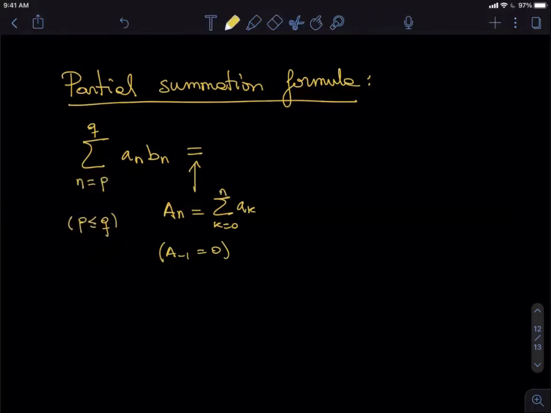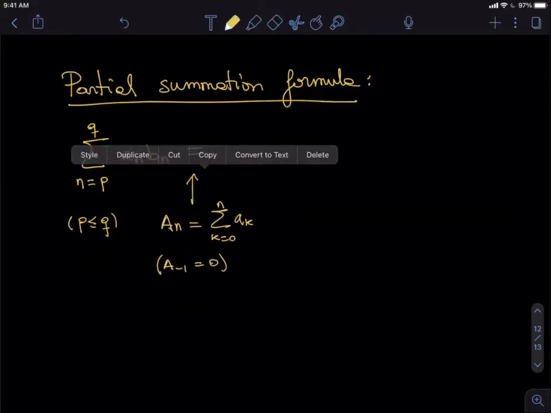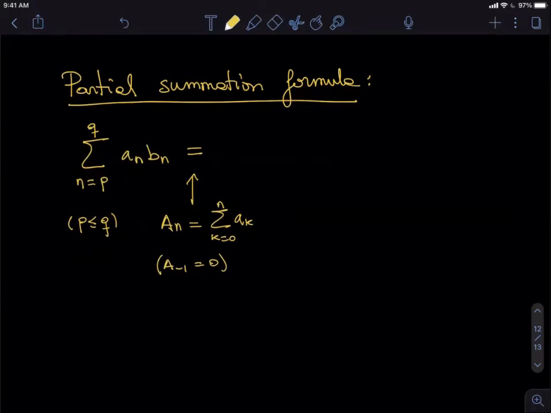So writing it like this, the trick, and I prefer to actually write the computation because remembering the formula is too difficult, but remembering how to find it is actually quite straightforward. So what we are going to do here is to realize that a_n is equal to capital A_n minus capital A_{n-1}. Okay?